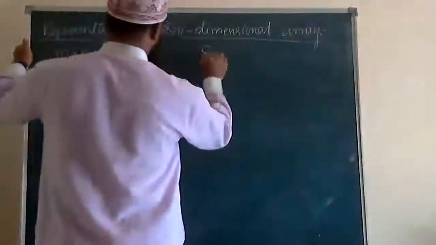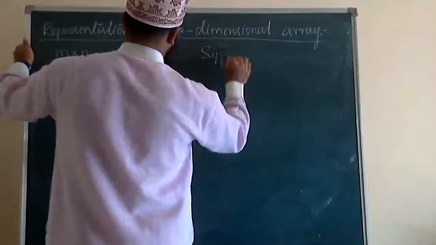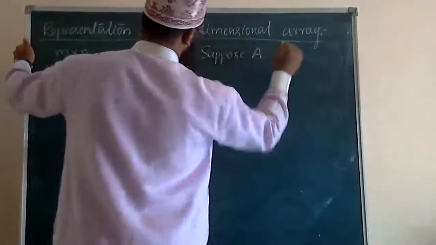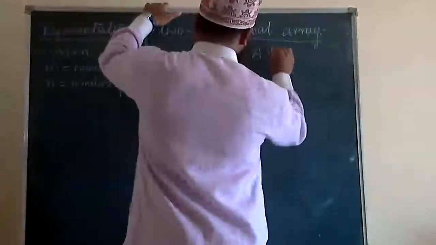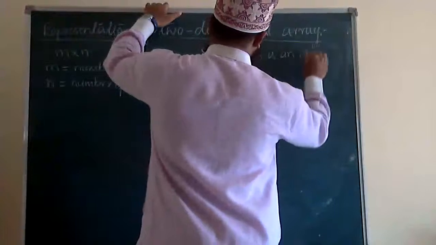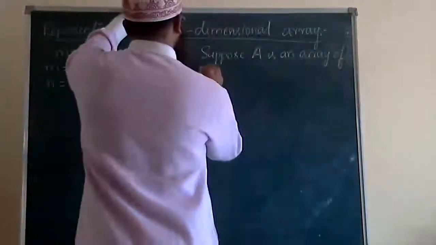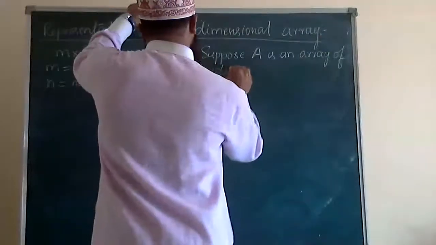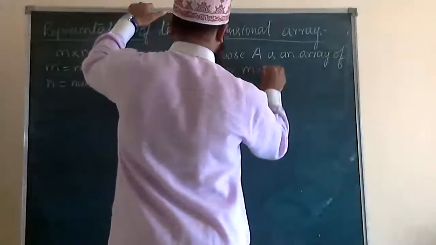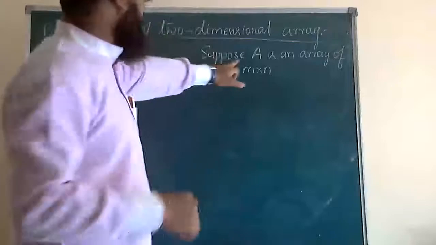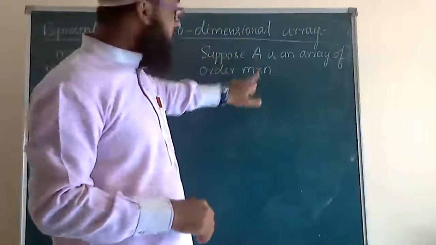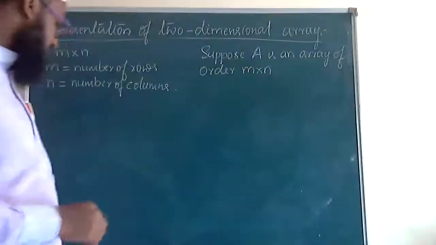Suppose A is an array of order m into n. Take an array by name A, which is having order m into n.